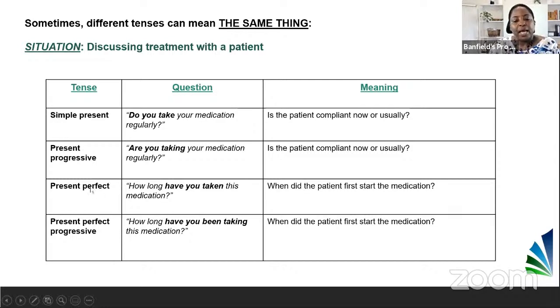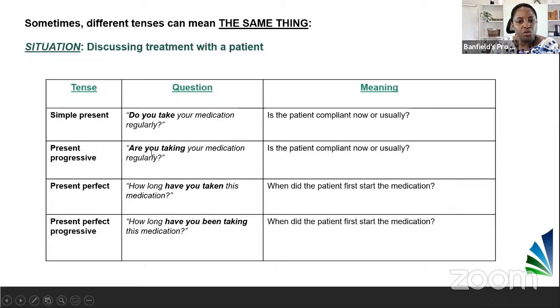And when it comes to how you form the simple present, once again, you just have to learn the different forms. Present progressive: the present tense of the word be, so I am, you are, he, she, it is, we are, you are, and the ing form of your main verb.